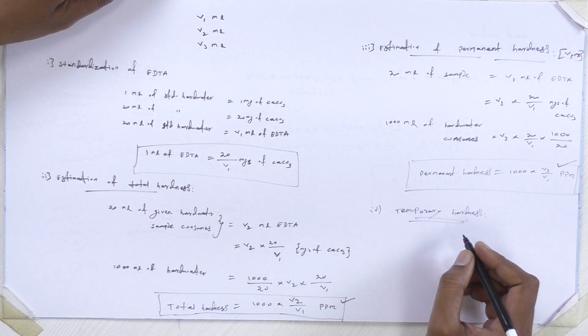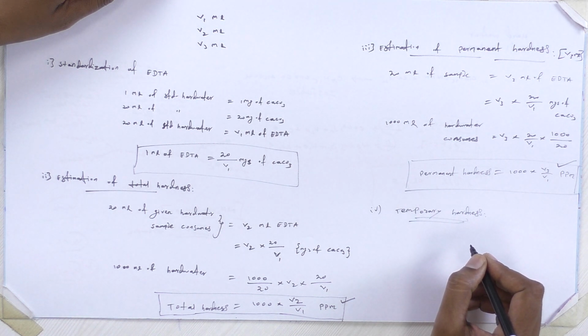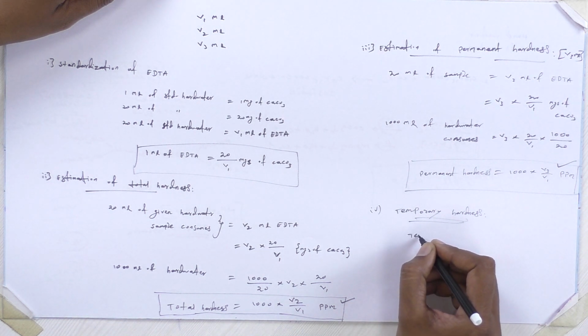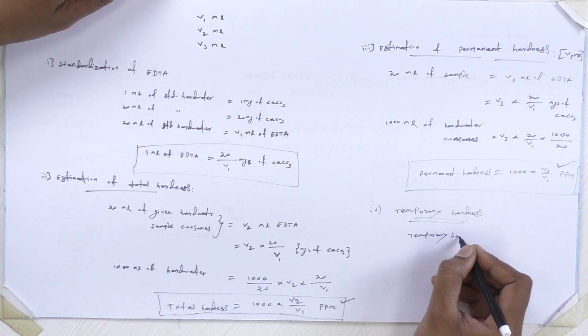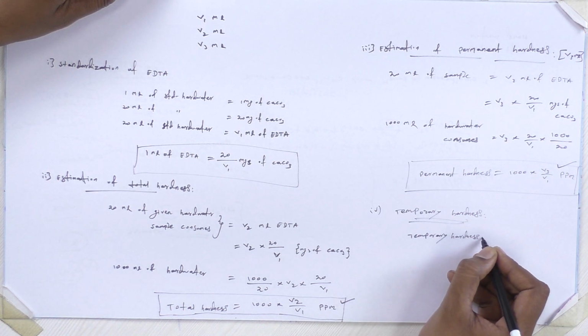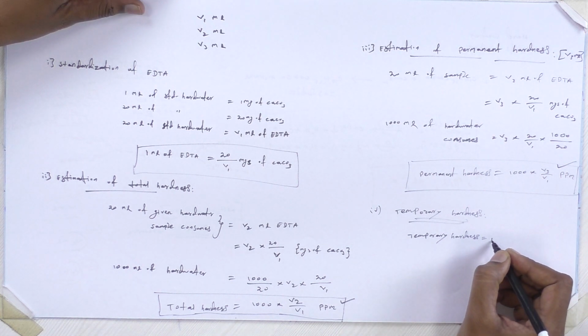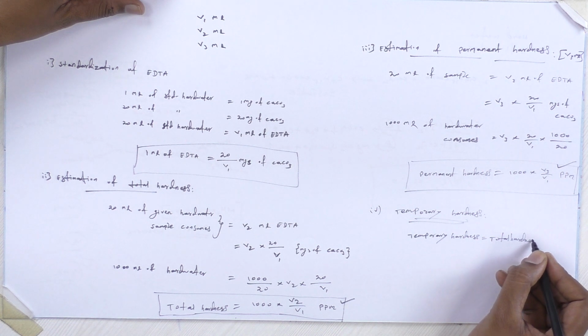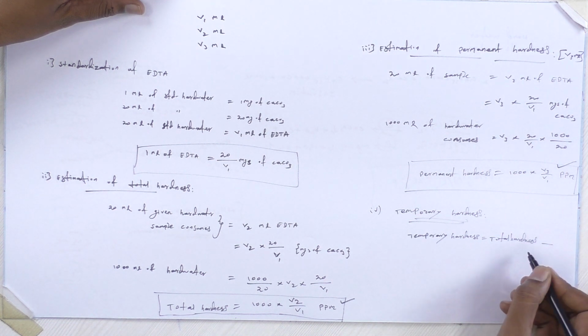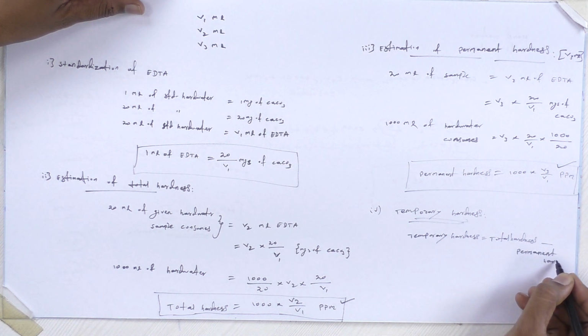Temporary hardness is nothing but total hardness minus permanent hardness.